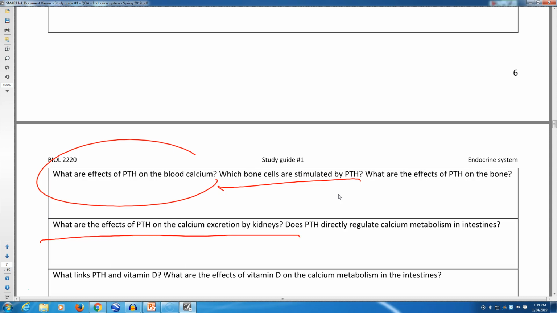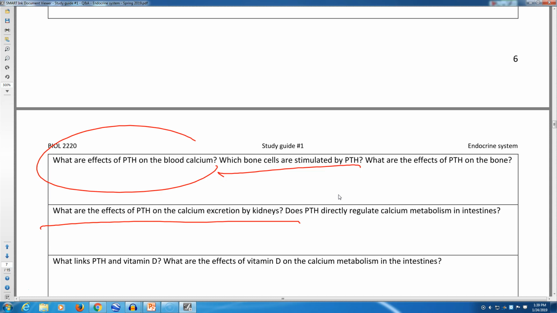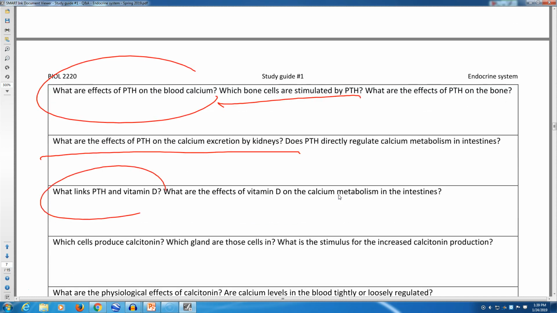Two, calcium is not excreted by the kidneys and is taken back. Three, PTH activates vitamin D, and vitamin D increases calcium absorption in the intestines. Am I clear? PTH activates vitamin D, which stimulates calcium absorption in the intestines.